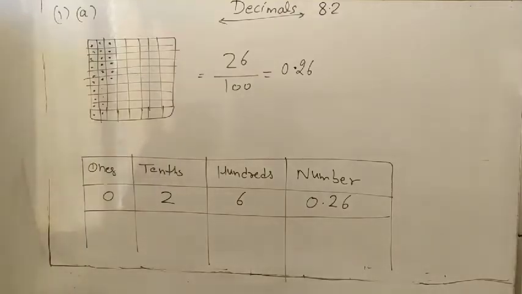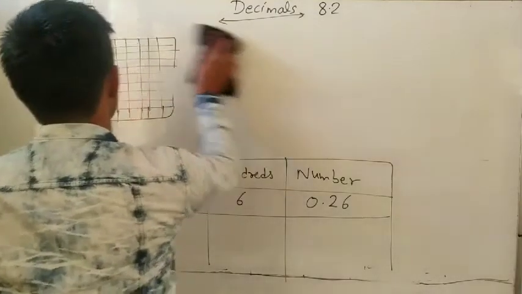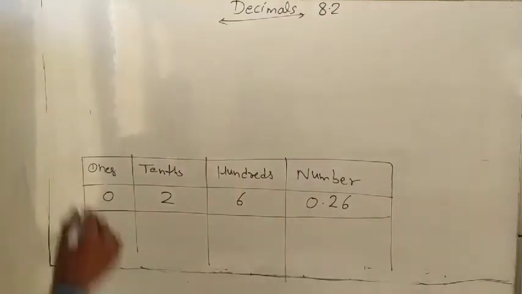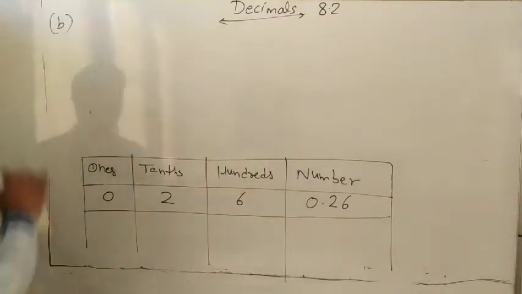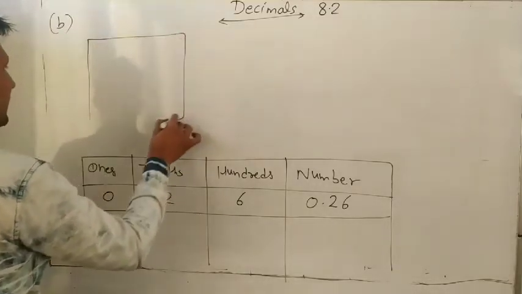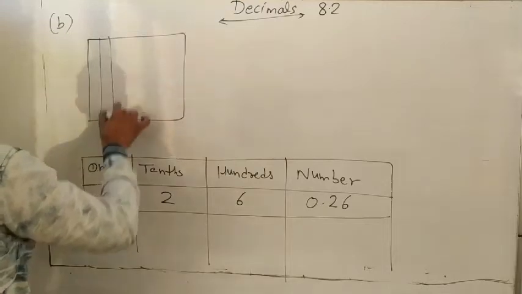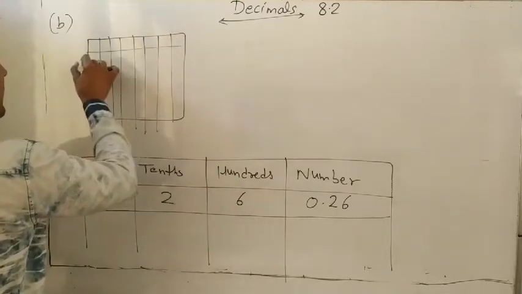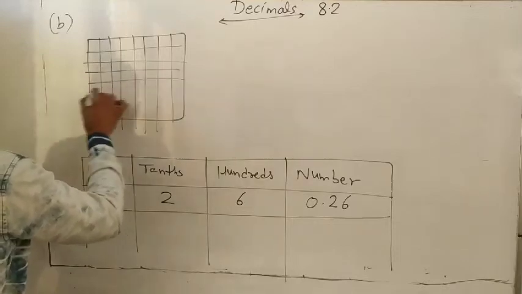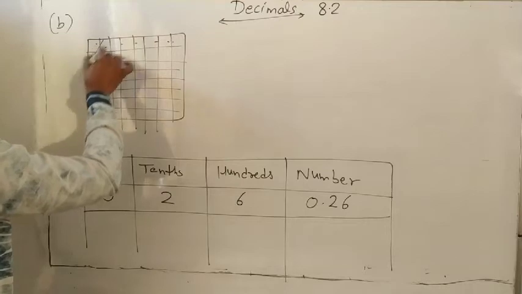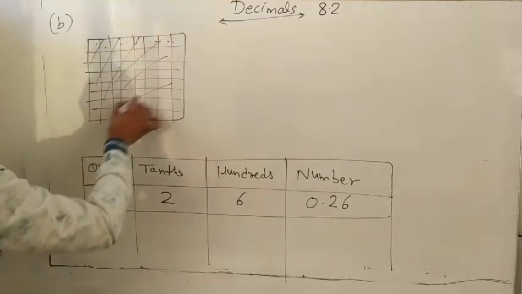Next is same as it is. Now we will do the B part. In B part, what is given? Again the same box, 100 boxes given, and they are all filled.